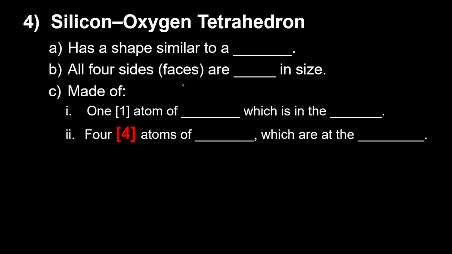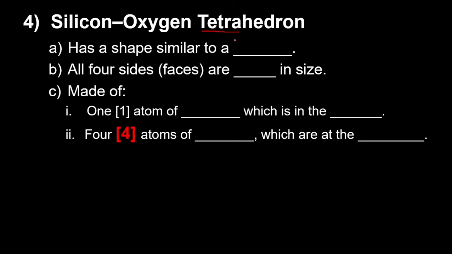So, for example, we have what is known as a silicon-oxygen tetrahedron. Well, if you remember from math, the prefix tetra means four. So what is the name of a shape that has four sides? Most of you are thinking, well, I know a triangle has three sides. What is the shape that has four?